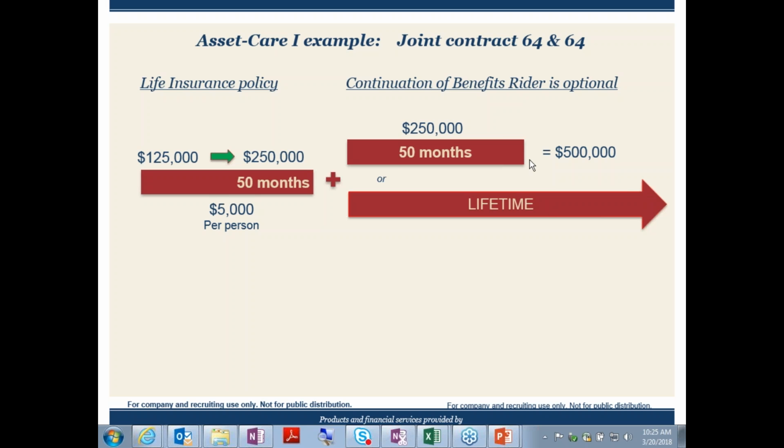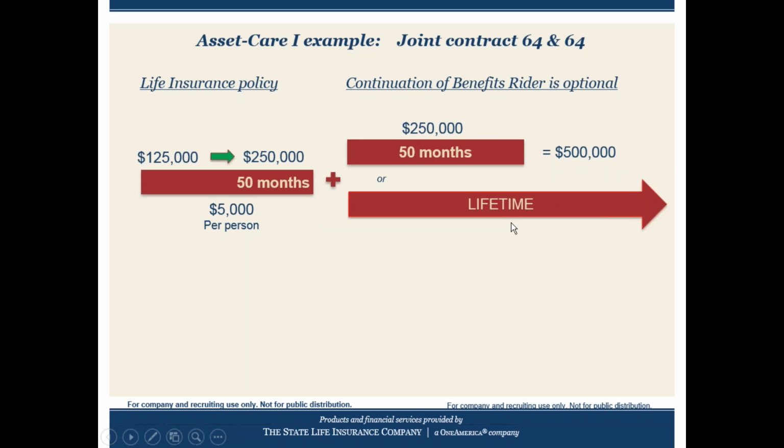Now, if you think about traditional LTC right now, first of all, you can't get a lifetime benefit nearly anywhere. But if you could, for a 64-year-old couple, at $5,000 per month per person, you'd probably be looking at $12,000, $15,000 a year. To get a lifetime benefit with us, you'd be looking at about $1,200 a year.